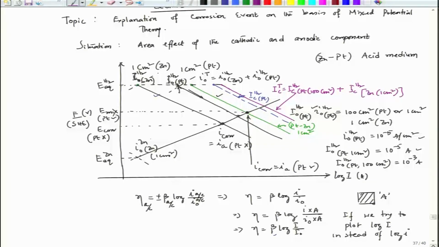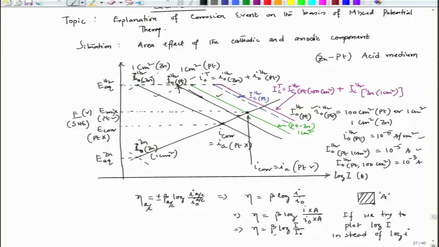And this particular line also would be I0 only, because this area is not changing, it is always remaining 1 centimeter square. Now, where would it meet the criteria of mixed potential theory, where I could see that the charge balance is maintained?